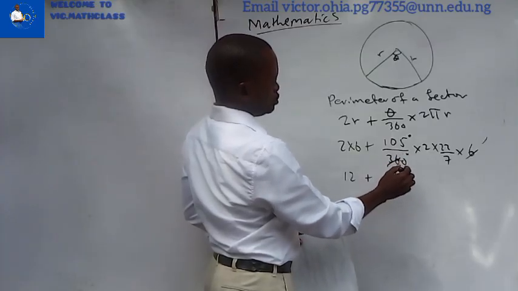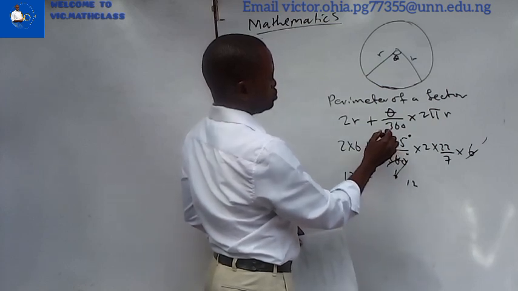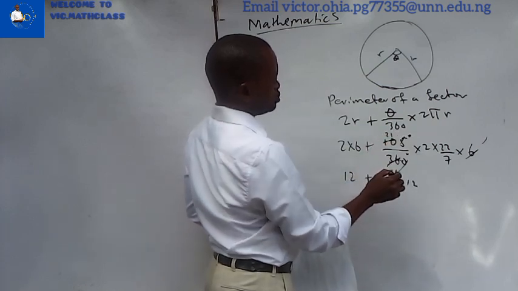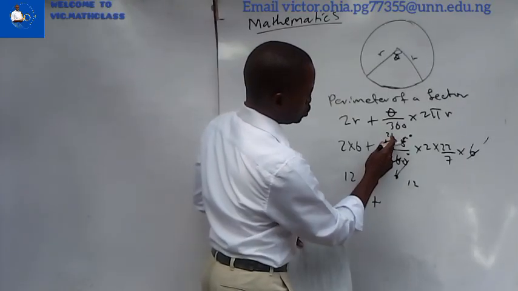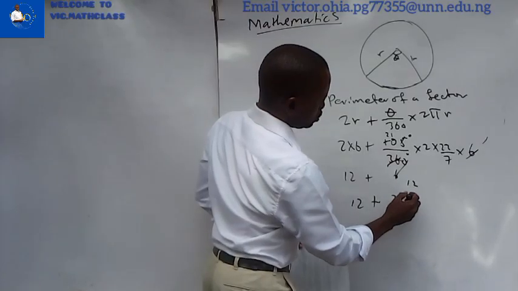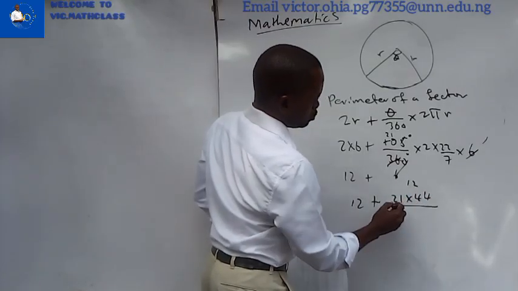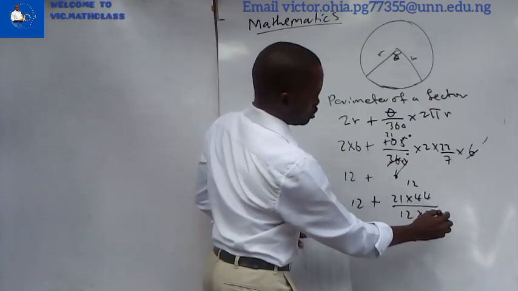5 into 60 is 12. 5 into 105 is 21. So I have left 12 plus 21 times, 2 times 22 is 44, so 21 times 44 all over 12 times 7.